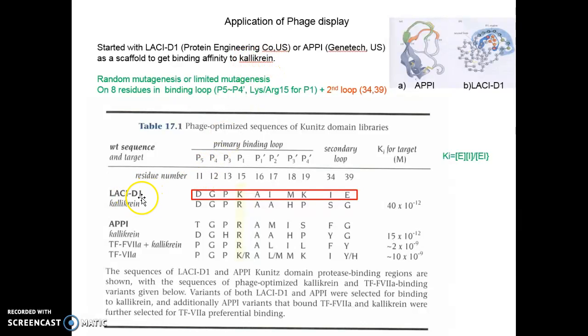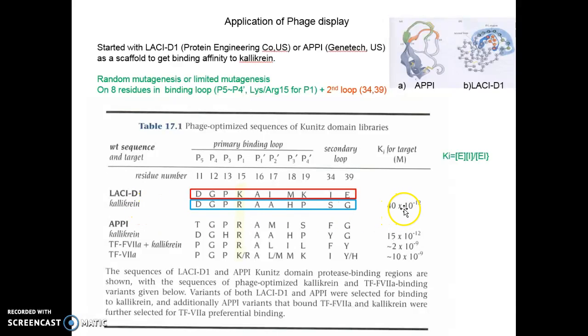You can see the sequence of the starting Kunitz LACI-D1 in the red box. After application of phage display, they got the blue box, which has a very high affinity to kallikrein.